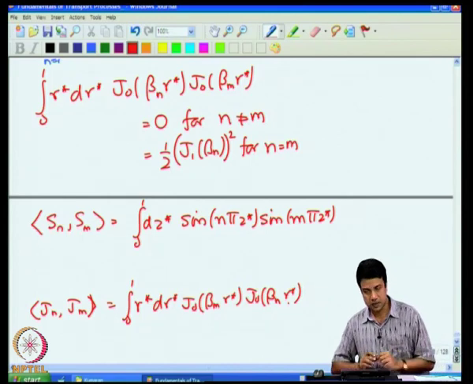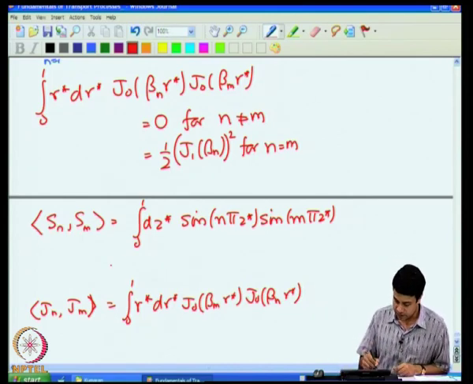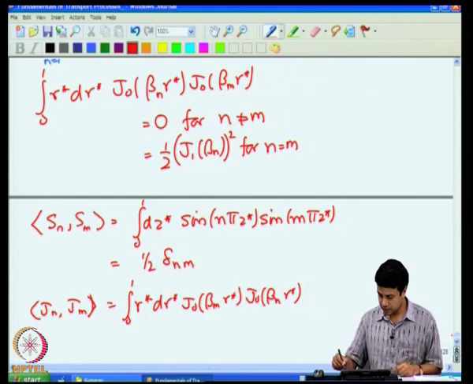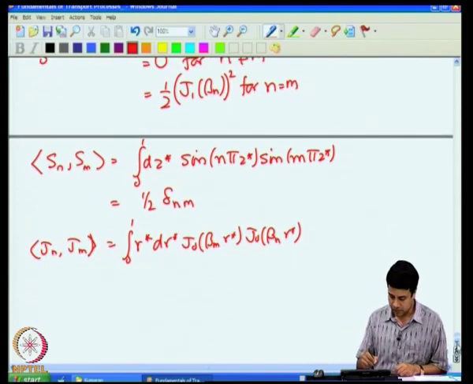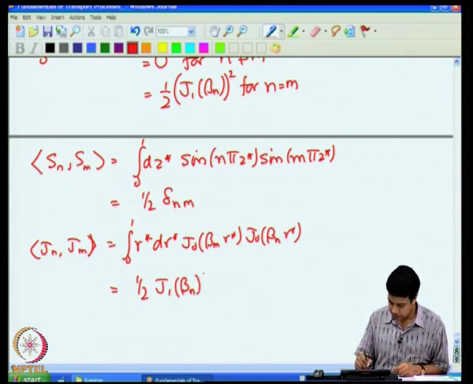Previously this was equal to 1 half only if n was equal to m, and 0 otherwise, so we had written this as half delta n m. In a similar manner, this is equal to 0 if n is not equal to m, and it is equal to half J 1 of beta n whole square times delta m n.